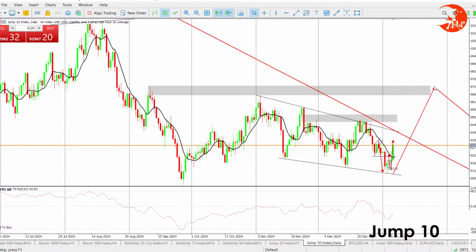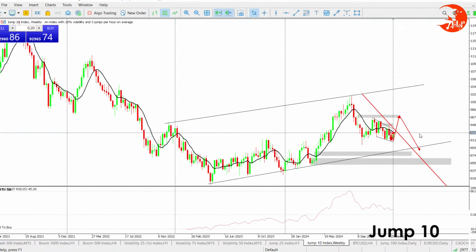So on weekly we'll be looking for that move, and daily to reach there. And then later on, once we reach there, we come again for the sell to reach to this other trend line. Yes, that's just a simple layout, a simple plan of how we intend to trade this asset.